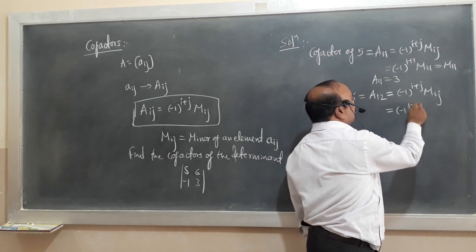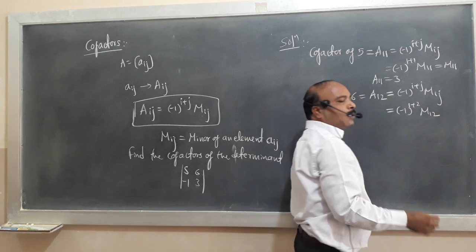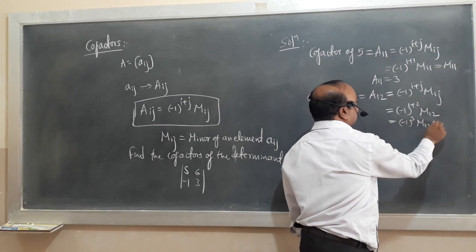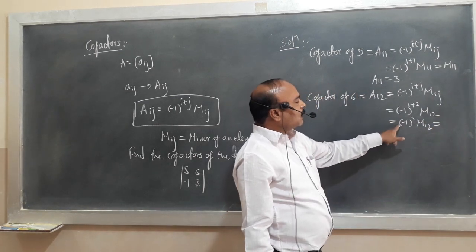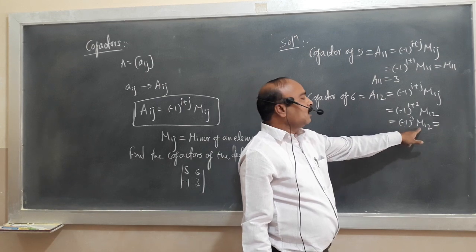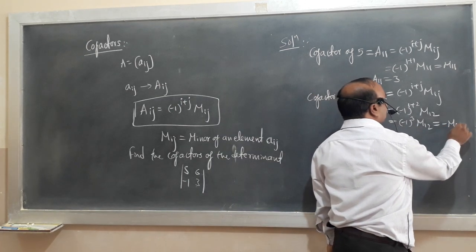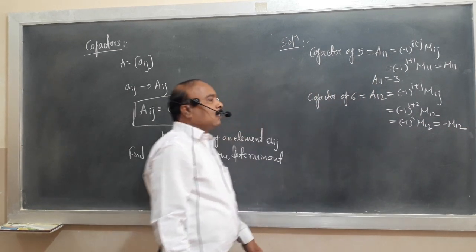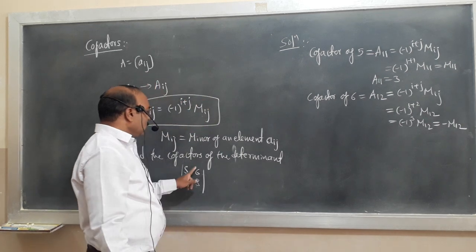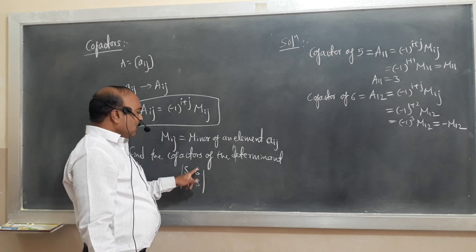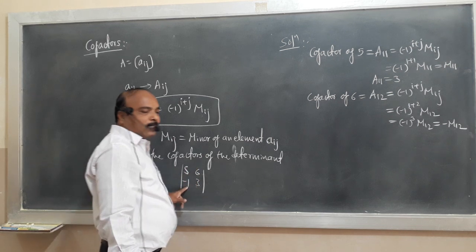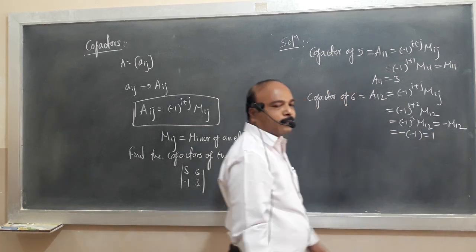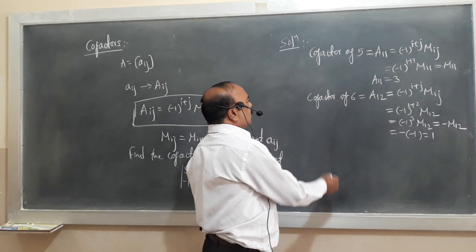We write minus 1 power 1 plus 2 into M12, so minus 1 power 3 is minus 1 into M12, that is minus M12. If the power is odd, as I told, we get the negative sign. Now M12 is obtained by deleting this column and this row, and we get minus 1. So the answer is minus of minus 1, equal to plus 1. It is the cofactor of element 6.